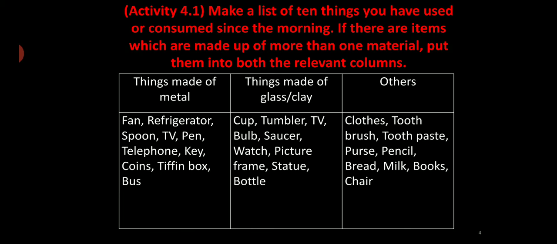Similarly, the other things which I used today are clothes, toothbrush, toothpaste, purse, pencil, bread, milk, books, chair. Now look at the items that come in the last column of this table.